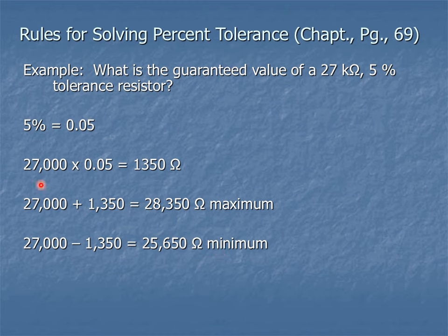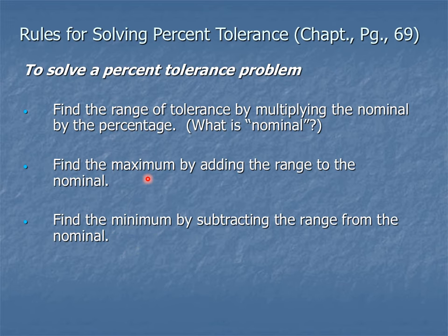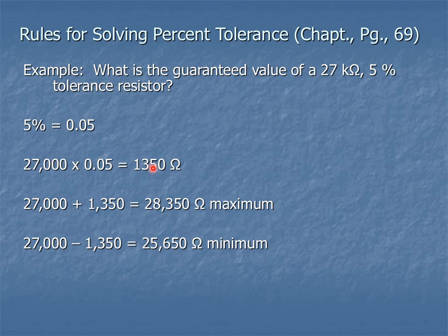So all you need to do is find this value, which is also called the nominal value. You find the nominal value just by multiplying the total by the percentage. Once you know it, you add it to the base value to get the maximum, and subtract it to get the minimum.